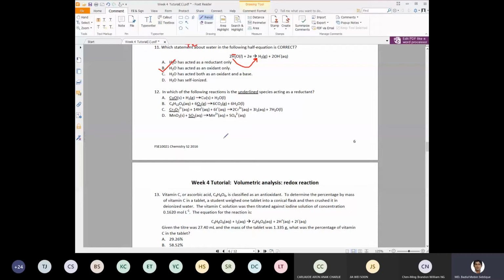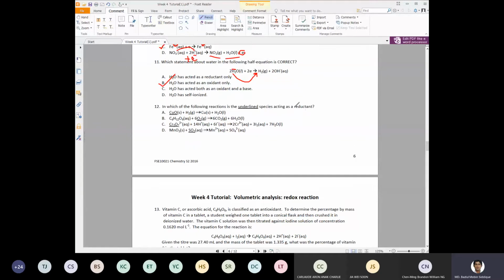Water has acted both as an oxidant and a base. It is an oxidant, but not necessarily acting as a base, because for this hydroxyl we do not know what is here. If it has to be a base, it has to act with a strong acid.